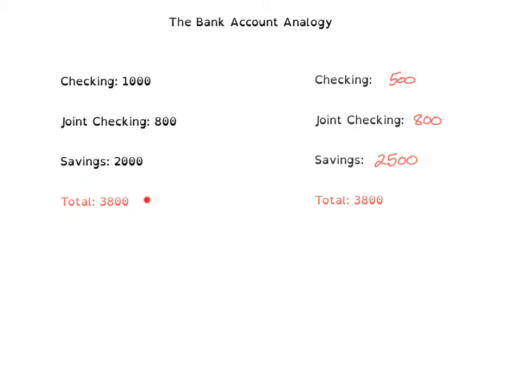Now, where this gets interesting is that this number can change if I get paid. I have money then coming in, right? So money is going to get added to this total amount. The other thing that can happen is I have to pay a bill. Money then leaves my account.